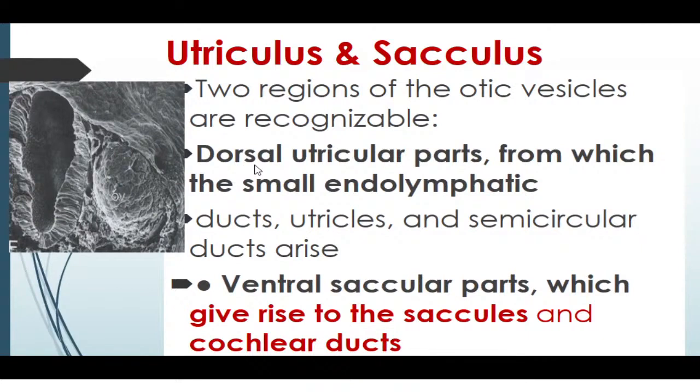Two regions of the otic vesicle are recognized. The dorsal utricular part gives rise to the endolymphatic duct, utriculus, and semicircular ducts. The ventral saccular part gives rise to the sacculus and cochlear duct.